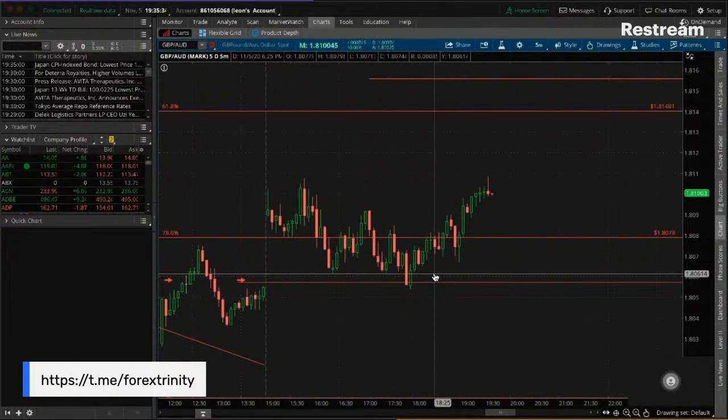And that's when it whipsaws you, right? So with the hybrid pairs, like the pounds, pretty much all the pounds, because they move so much in a day, a smaller time frame is not the best of friends for me and my trading style.